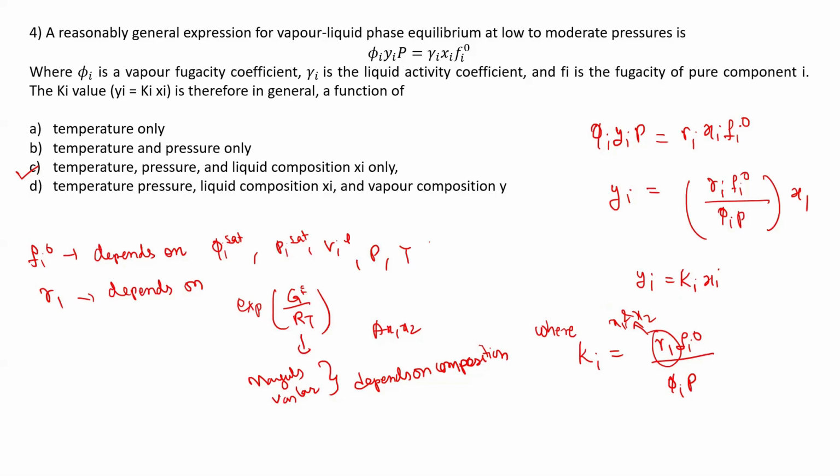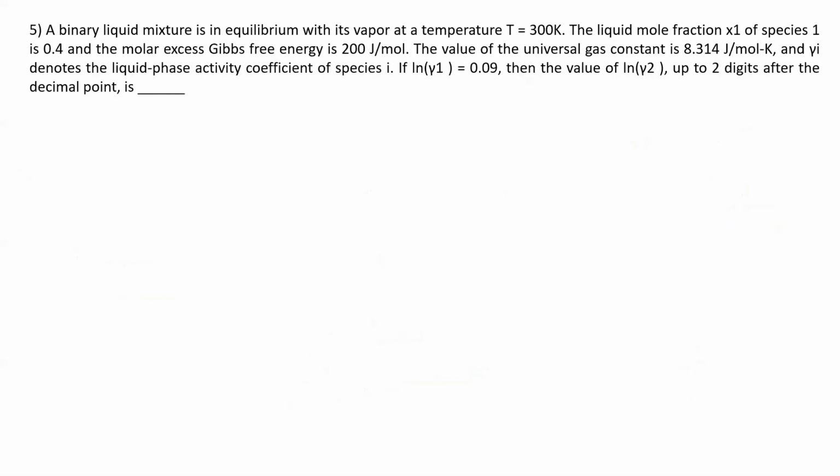Yi is equal to ki xi, so this ki needs to be changing based on the xi also, keeping the yi constant, right?